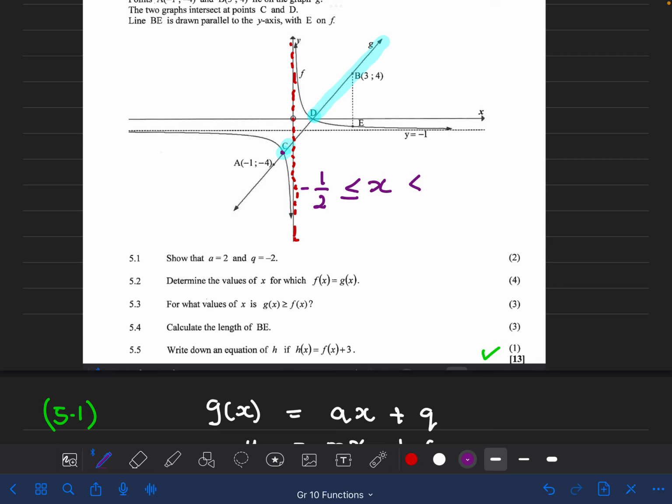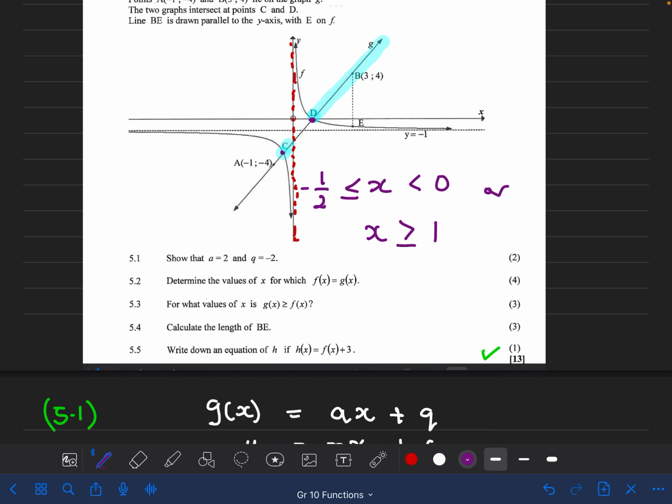But, sorry, and less than 0. 0 is the line that I've dotted red over here. Or g of x is also greater than f of x when x is greater or equal to 1. I trust you guys can see that. So this is 1. When x is greater or equal to 1, g of x is greater or equal to f of x. So you would get your 3 marks for this.